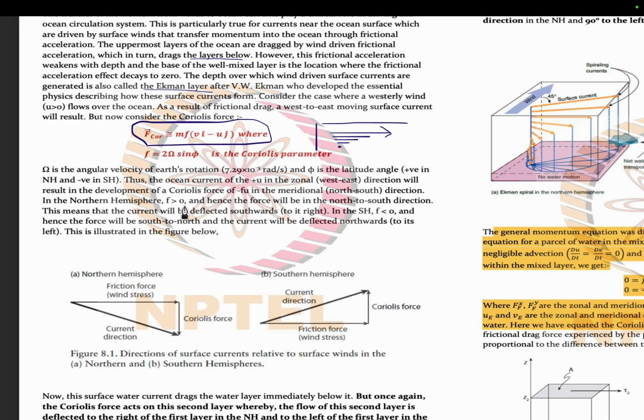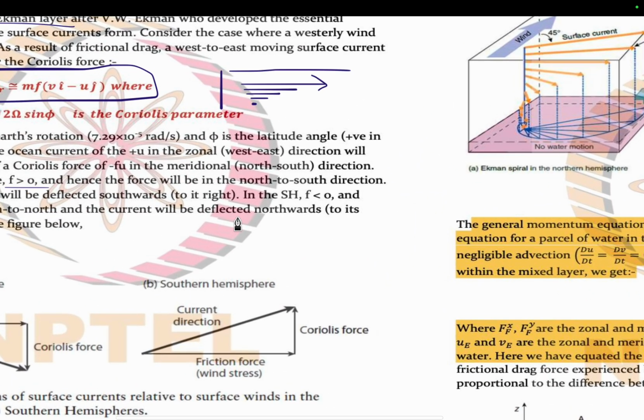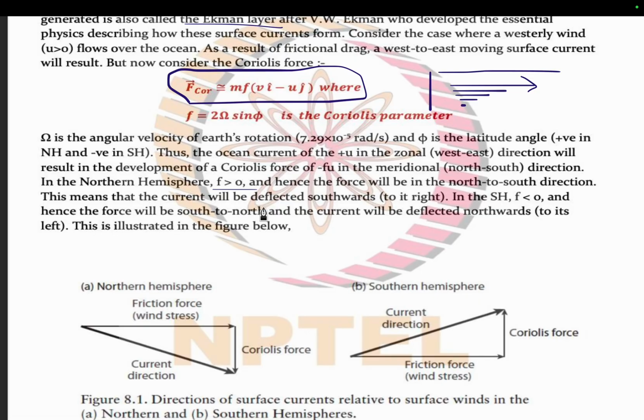In the northern hemisphere, if u is greater than 0, this force will be in the north to south direction. This means it will be deflected southward, that is, to the right of its flow.